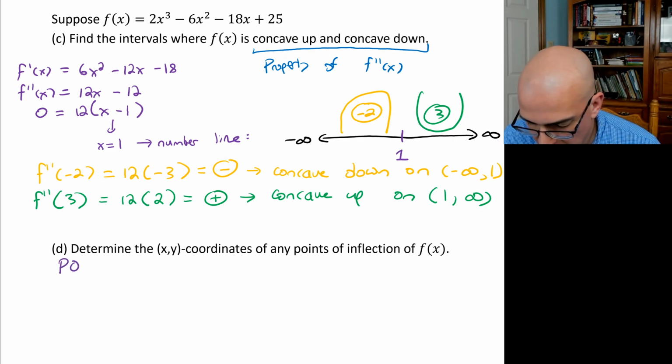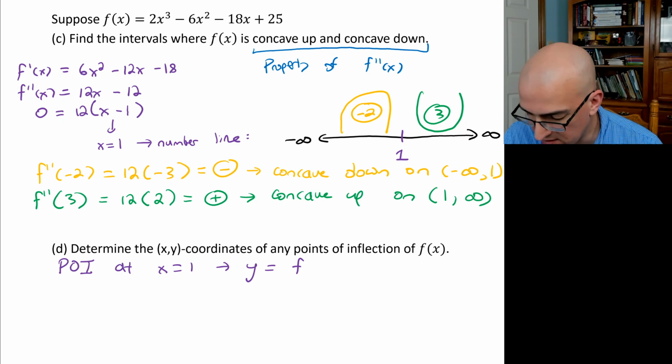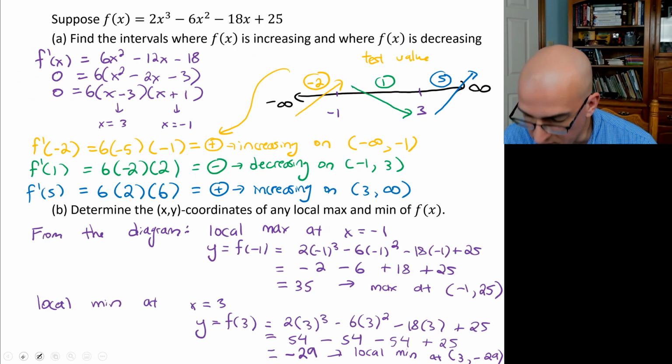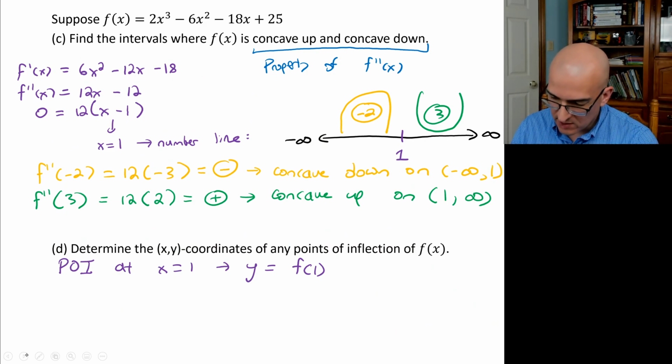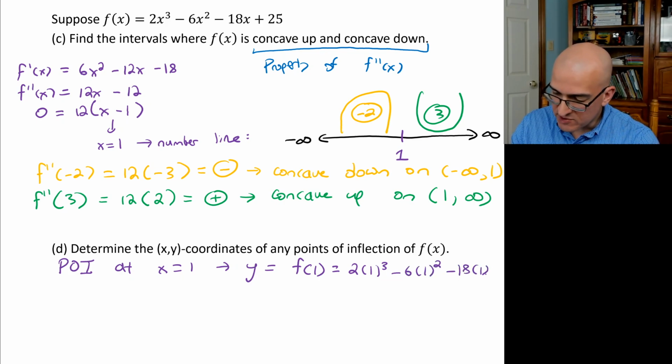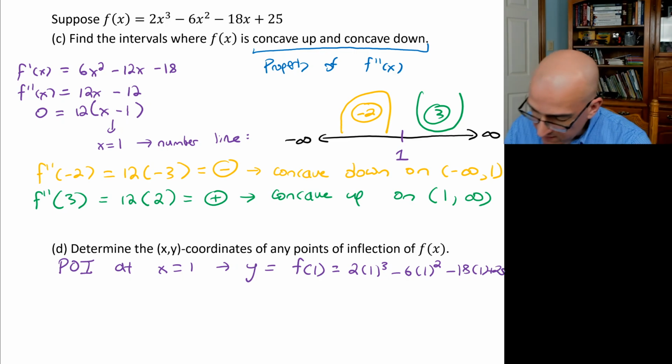So POI, point of inflection at x equals 1. We need the y-coordinate. Y is going to be equal to f of 1. Did I do that already? No, it was f of -1. Okay. So f of 1, that's going to be 2 times 1 to the 3 minus 6 times 1 squared minus 18 times 1 plus 25.